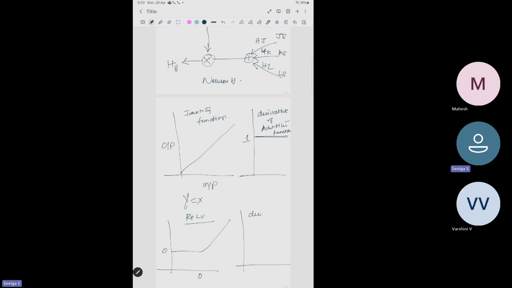The derivative of ReLU: till 0 the slope is constant, so we get 0. After that, input is going to be output, the slope is going to be 1, so we get a derivative of 1.